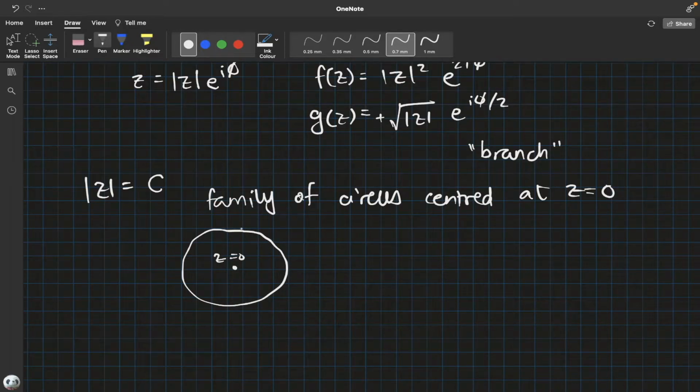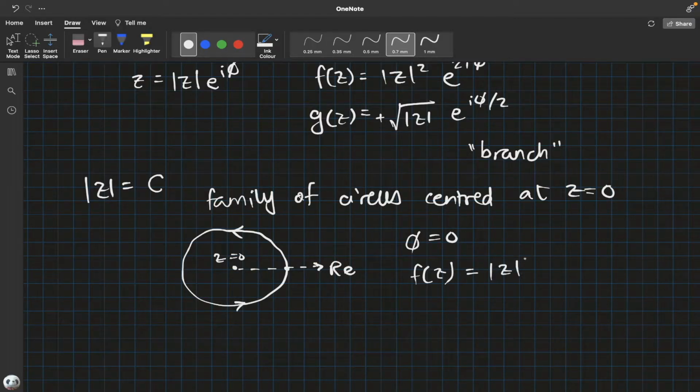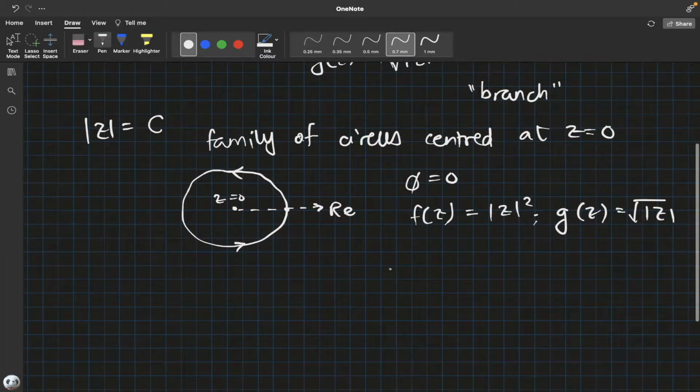We're going around in an anti-clockwise direction because that's positive this way. So here, say this is the real axis. At this point, our phase is 0, phi is 0. So when phi is 0, f of z is just magnitude of z squared. g of z is just square root of magnitude of z.